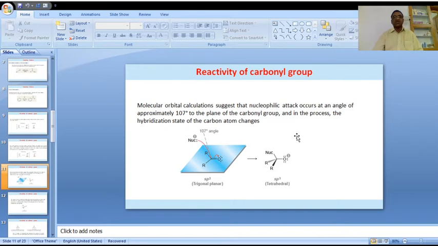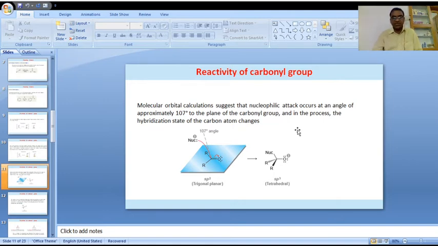Please observe: molecular orbital calculations suggest that nucleophilic attack occurs at an angle of approximately 107 degrees to the plane of the carbonyl group.